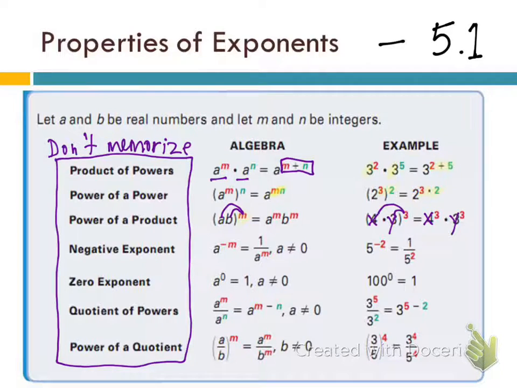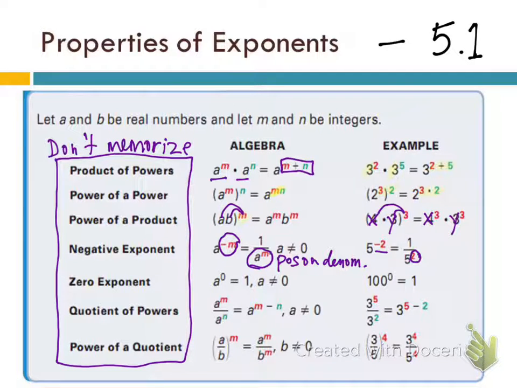If you have a negative exponent, so anything that is negative, then you would want to bring that to the opposite side. So if it's on the numerator and it's negative, then it would become a positive exponent on the denominator. So if you have 5 raised to the negative 2 power, it's the same as saying 1 over 5 squared.